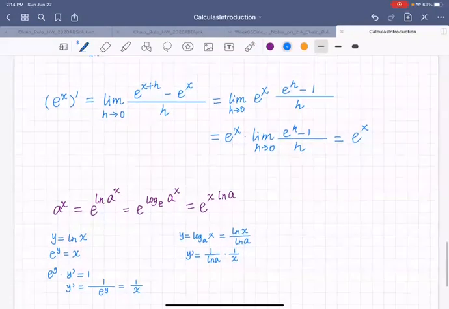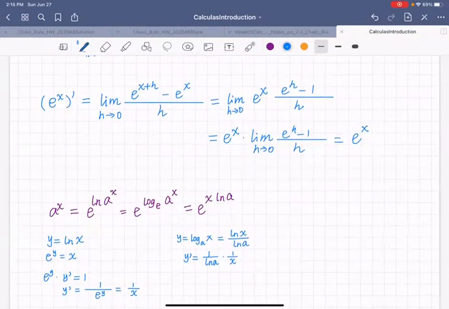If you still feel confused here, let me show you this. You can say log base e of a to the power x. You can say a to the power x equals a to the power x.